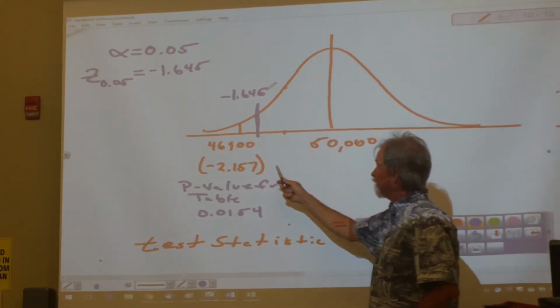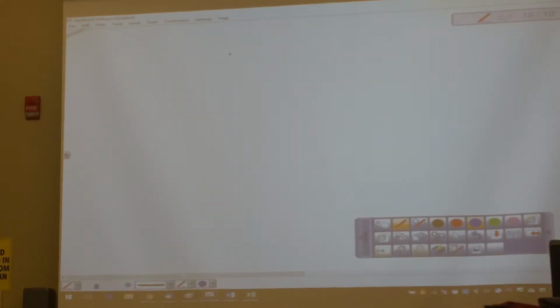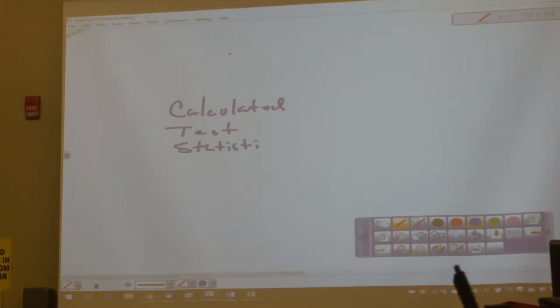So if I'm doing a lower test, with the calculated test statistic, I'm going to be a little bit lazy because I don't care whether I'm using the upper side or the lower side.